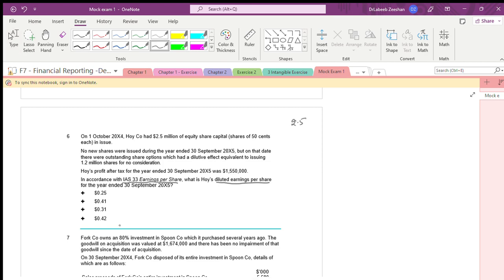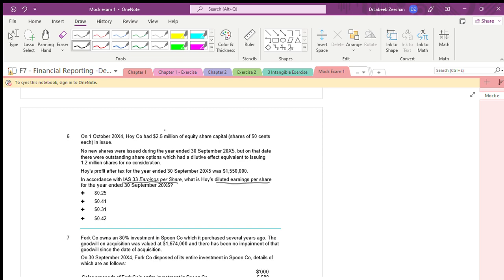2.5 divided by 0.5. How many shares? Okay, just keep it like that. We'll come to this. No new shares were issued during the year.